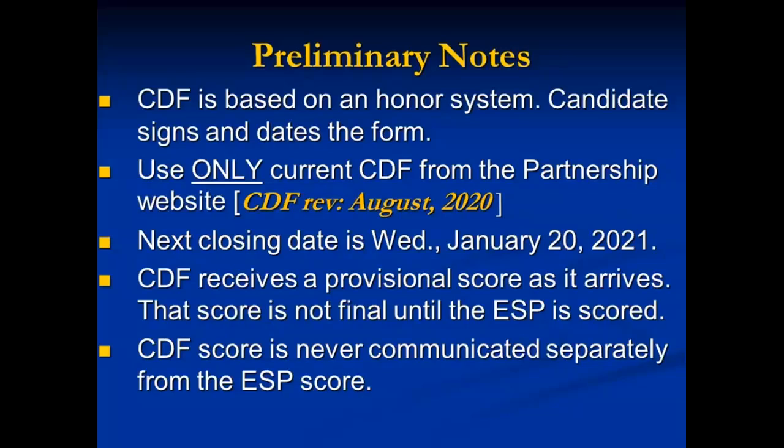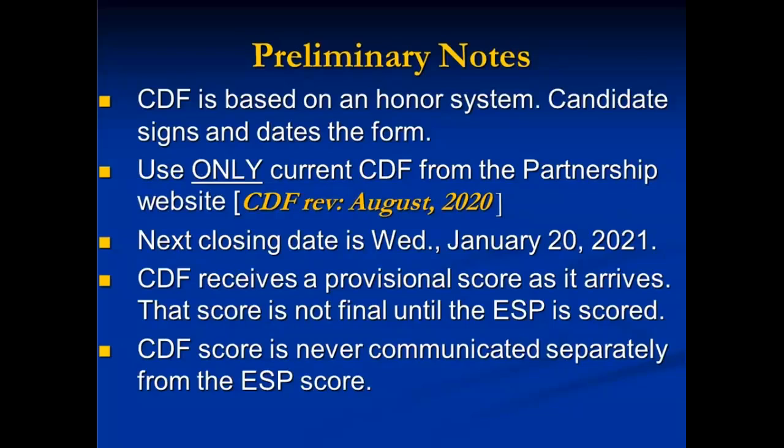Any candidate data form submitted after that would only be considered as you looking to qualify to complete the process in the following year, 2022. So if you really want to get started and get this on record and have the option for 2021, make sure that candidate data form is submitted by January 20th. Again, we'll get into a little bit more detail about those practical matters in a few moments.